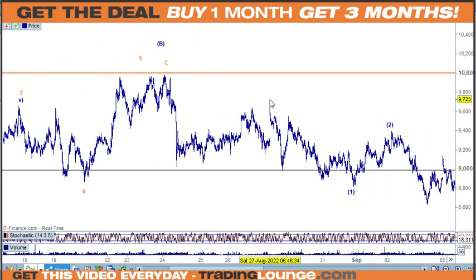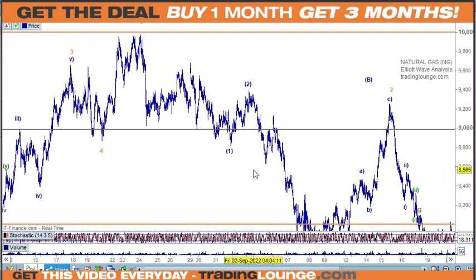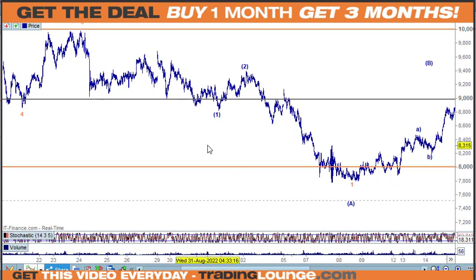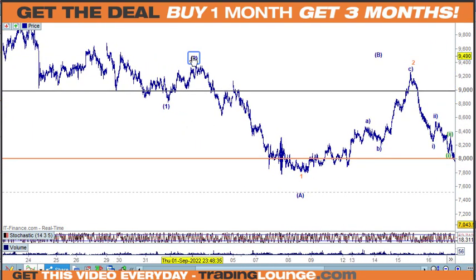So it doesn't count very nicely as an impulse wave. We can go over to this point. We could go 1, 2 here, 3 here, an A, B, C for the 4th here, and then 1, 2, 3, 1, 2, 3, 4, 5 for the 3rd wave, 4th wave, 5th. So you can put wave 1 here and wave 2 here if you wanted to, but it still only gives you another 5 waves in here once you pull all this apart.